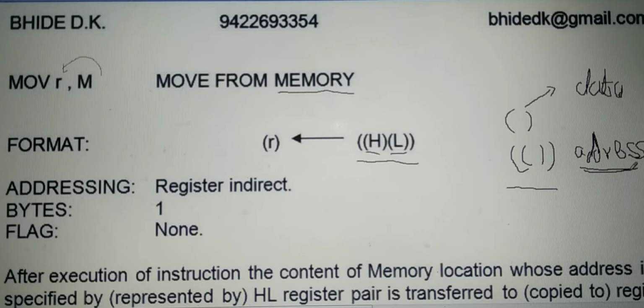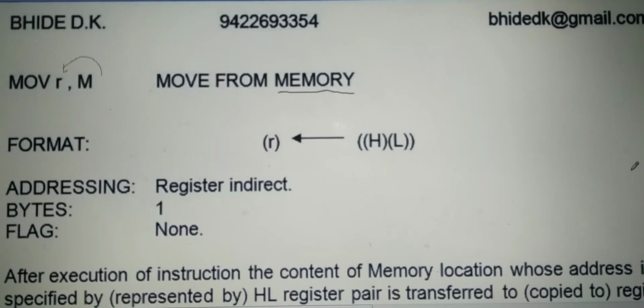To represent the address, we require 4 hexadecimal digits. One general purpose register can accommodate 2 hexadecimal digits.